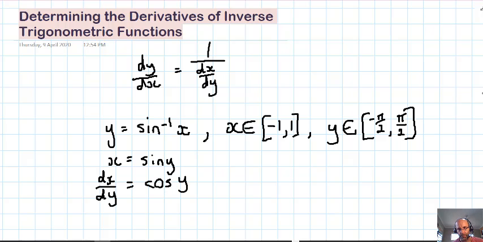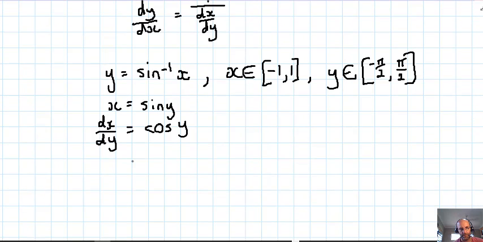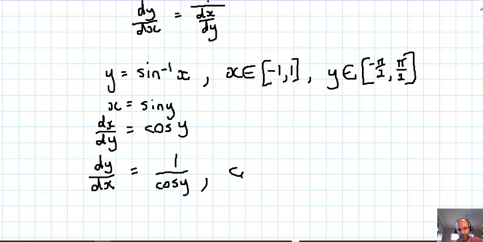And dy/dx would be the reciprocal, one on cos y, where cos y cannot equal 0. So cosine y cannot equal 0.